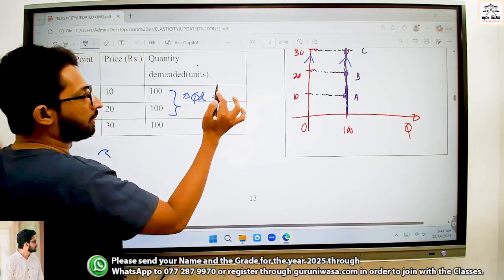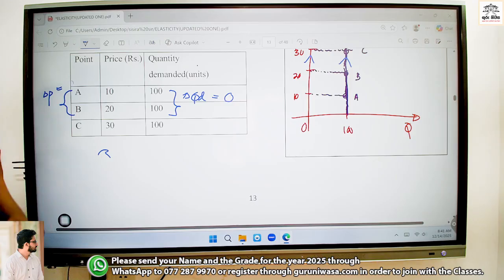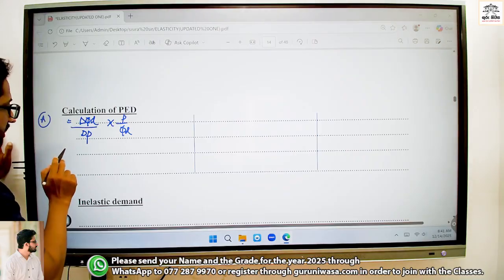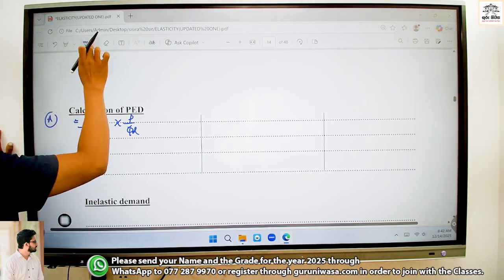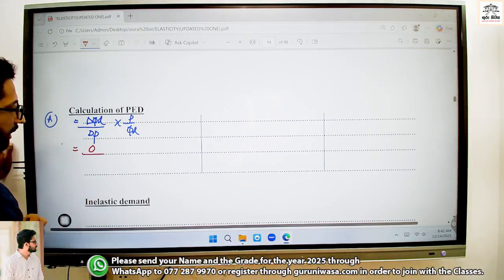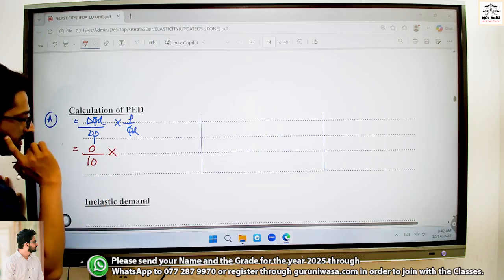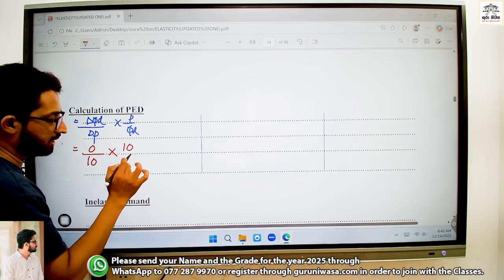Delta QD is zero. Change in price is 10. So 0 divided by delta P, 10, into P over Q. At point A, price is 10, demand is 100.